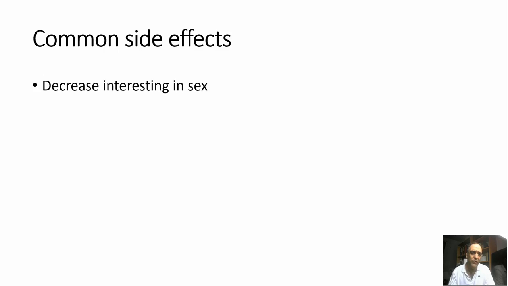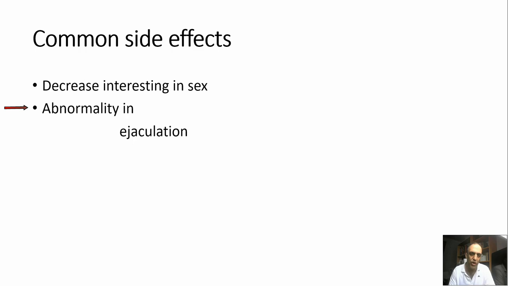Common side effects of both of these drugs: decreased interest in sex, because, as you know, dihydrotestosterone is decreased. It can affect intercourse and interest in sex, and cause abnormality in ejaculation.